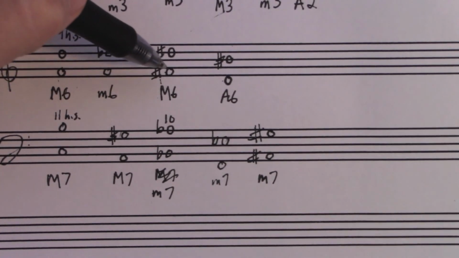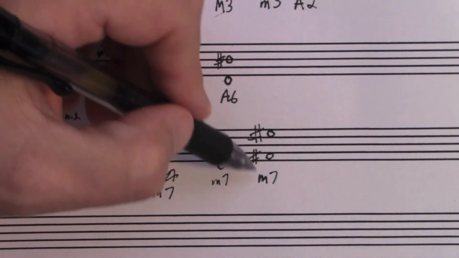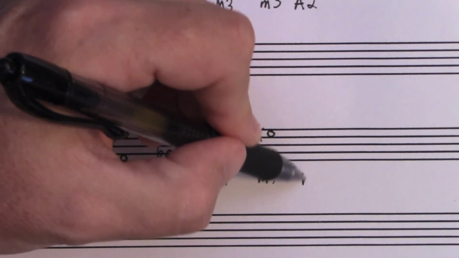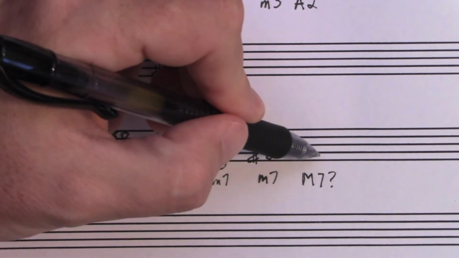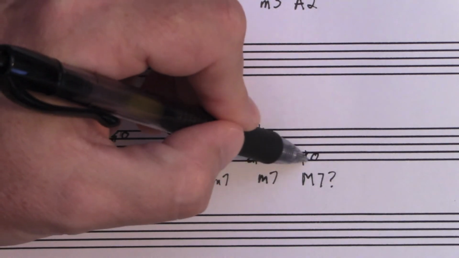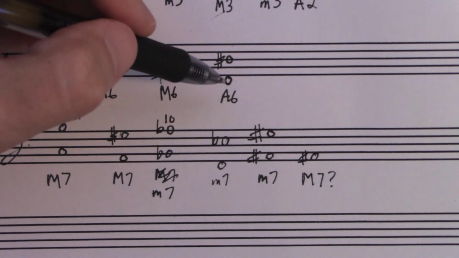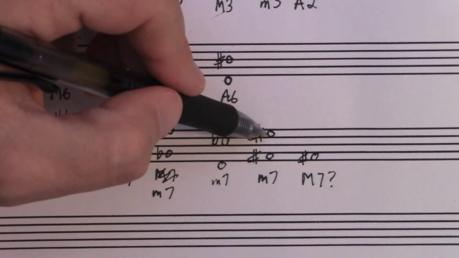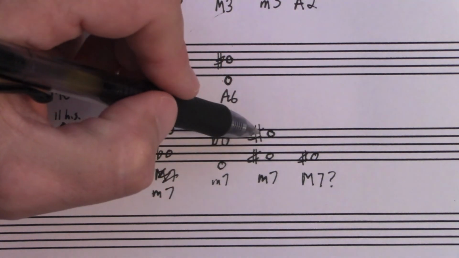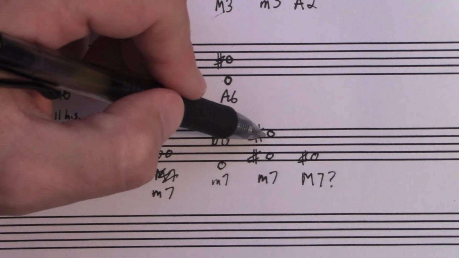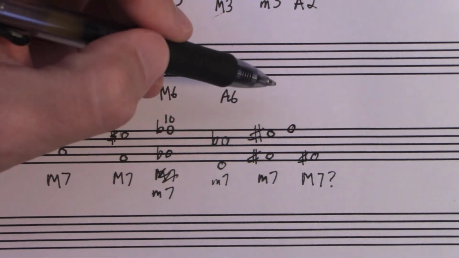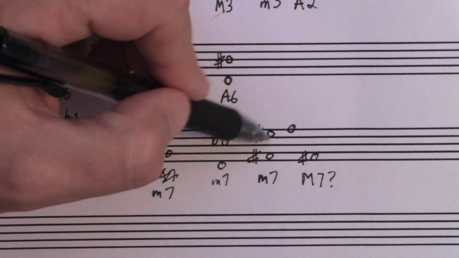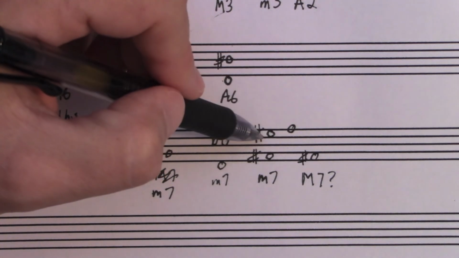Now, here's a bonus one. What if we want to make this a major 7th above A sharp? Because a minor seventh is a G sharp like this. For a major seventh, we have to raise this half step. Could we just make it an A? Well, that is a half step above G sharp, but what's wrong with that?